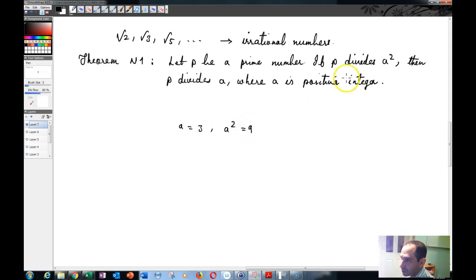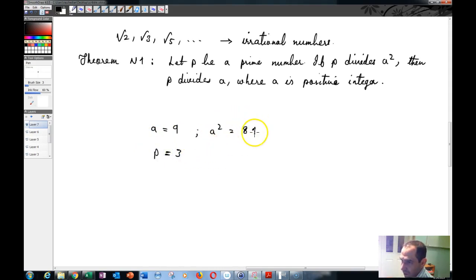Now let's take something else. Let A be equal to 9, and then A squared will be equal to 81, and 81 is divisible by 3. Now let P be equal to 3.